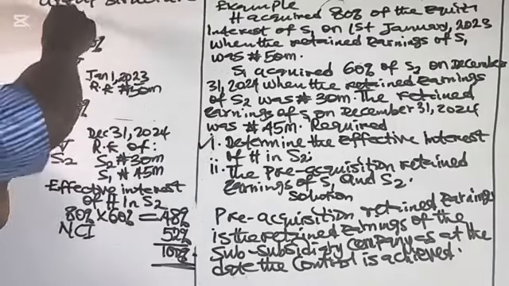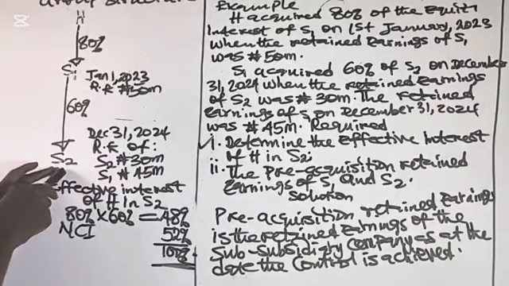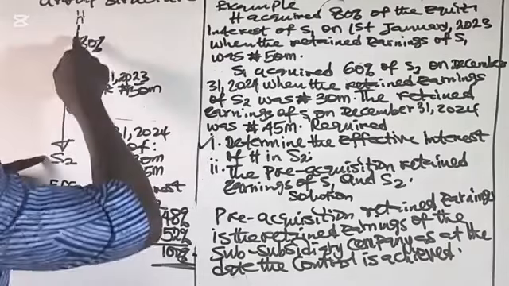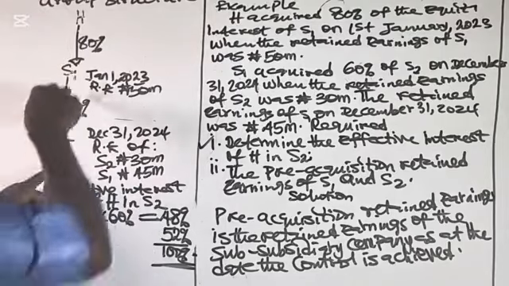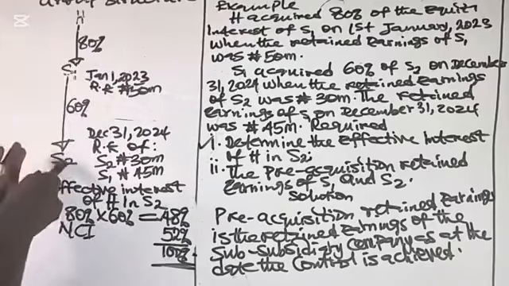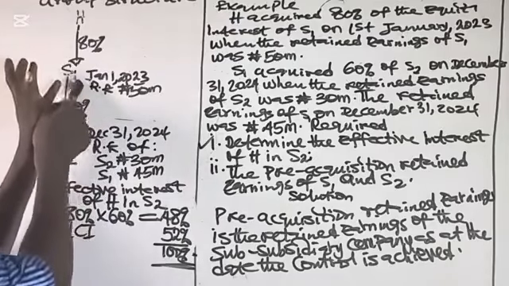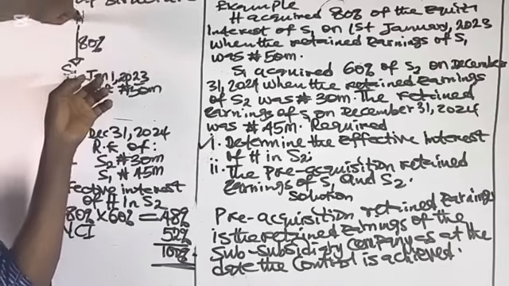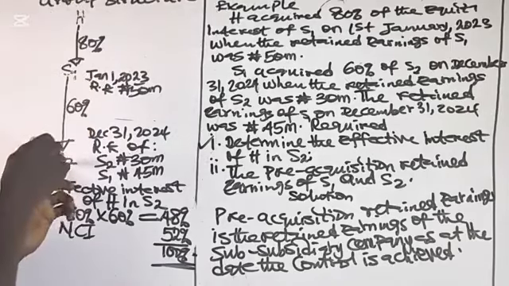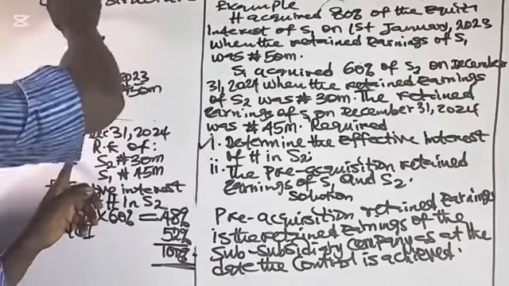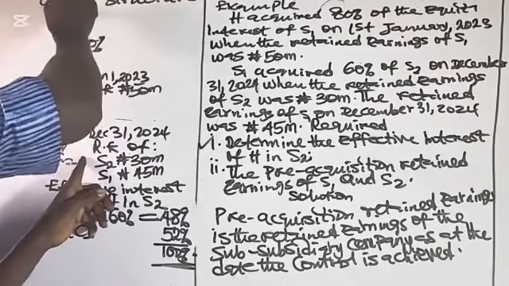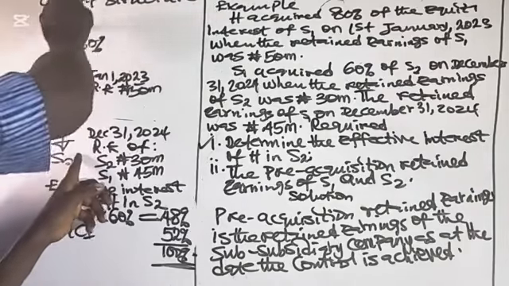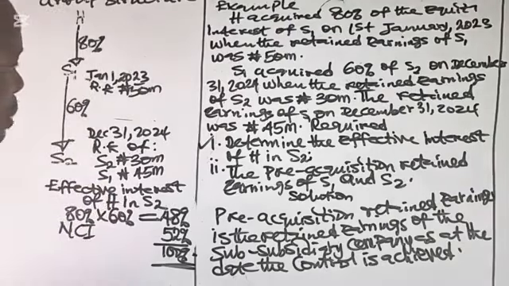But if S1 had acquired S2 before H acquired S1, it means H hadn't gained control of S2 as at the date S1 acquired it, because S1 was later acquired by H. So the date H acquired S1 is the day S2 will become a sub-subsidiary of H. Therefore, the retained earnings of S2 as at the date H acquired S1 will be the pre-acquisition retained earnings.